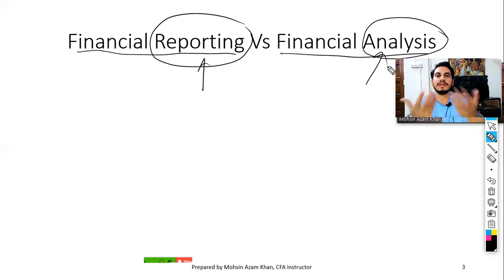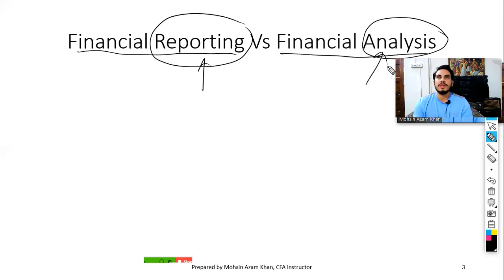You'll open it up and get the number. That's called reporting. That's simply reporting. How many cases have been identified in Pakistan? In India? They are reporting the results that these are the cases that have been identified.